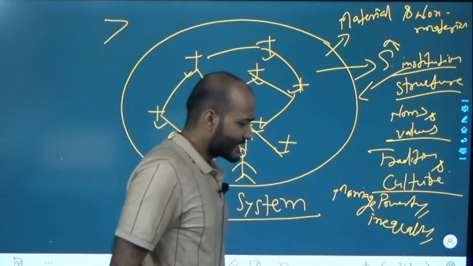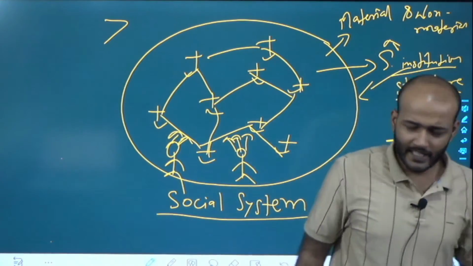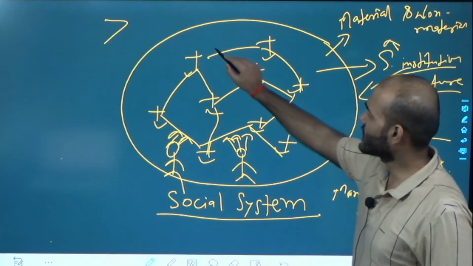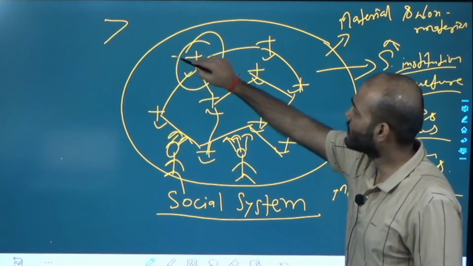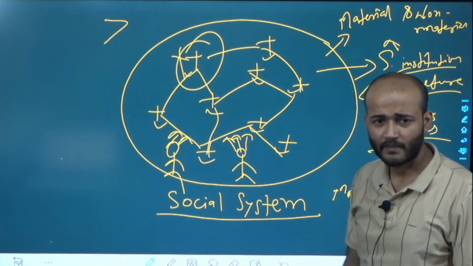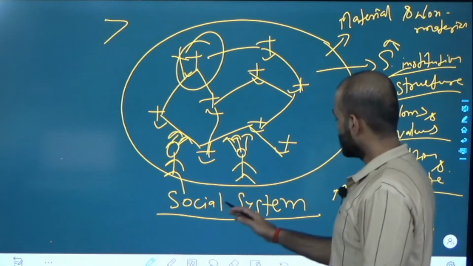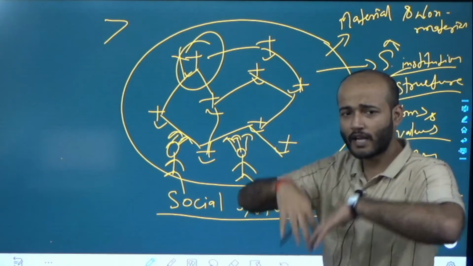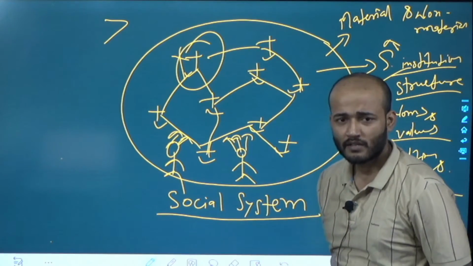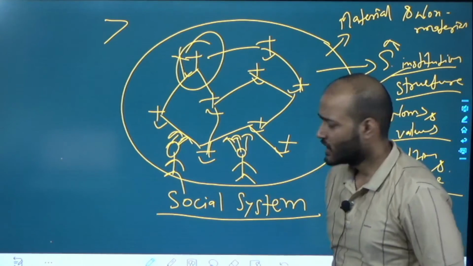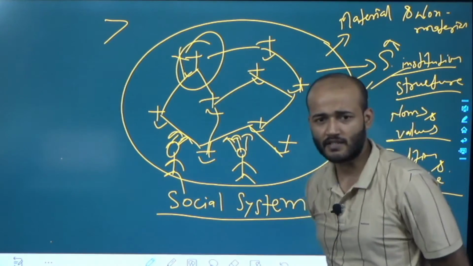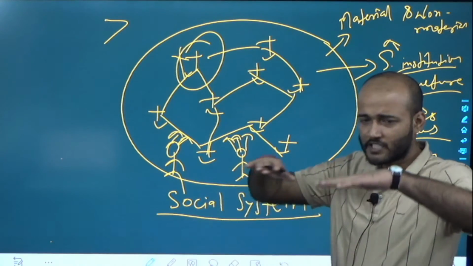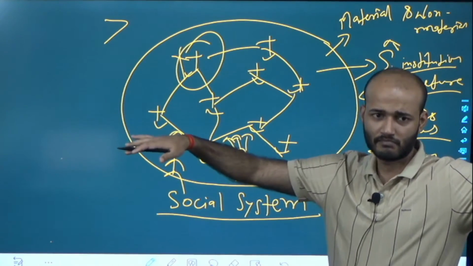So what Talcott Parsons says: think about if some aspect of society is not functioning or not working, in this situation the social system may collapse. So for functioning or maintenance of the social system, there must be a certain degree of equilibrium.